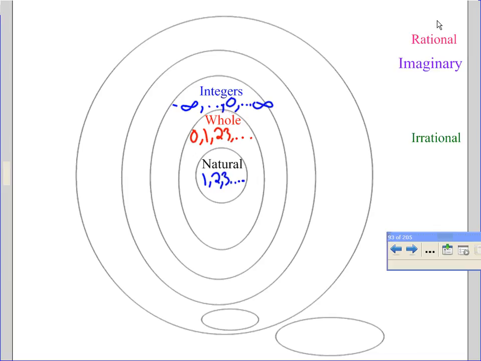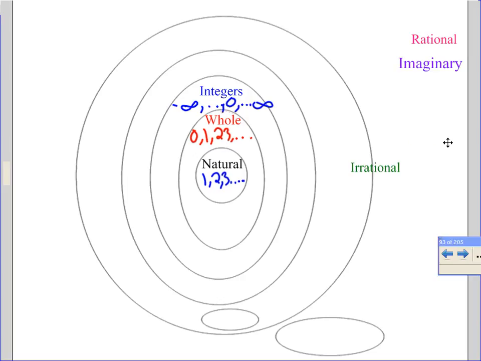Mary, what goes next? Go ahead. Yeah, why? Good, so I'm going to put a pi there. Irrational goes in its little bubble, and I'll explain why in a second.